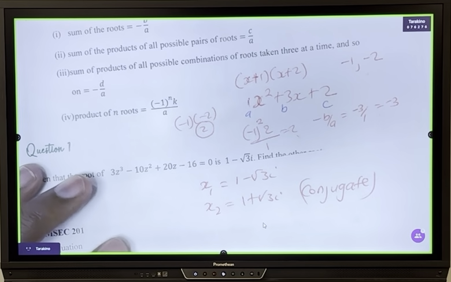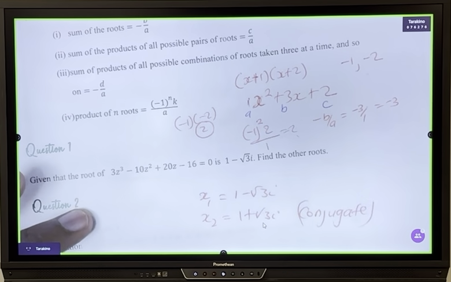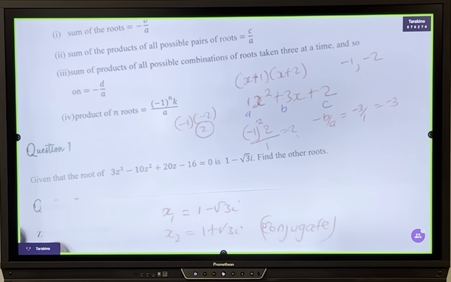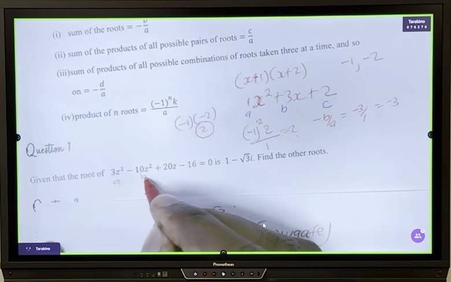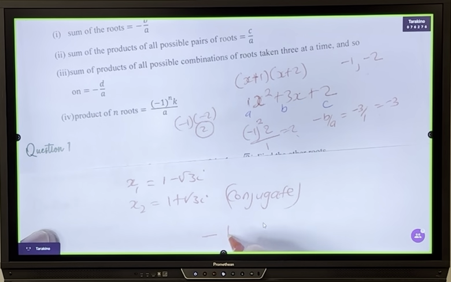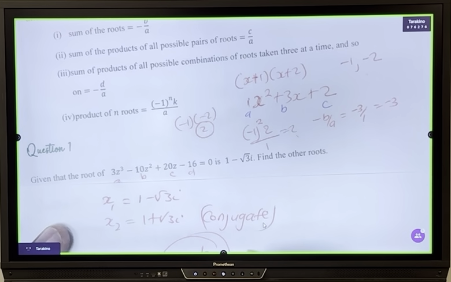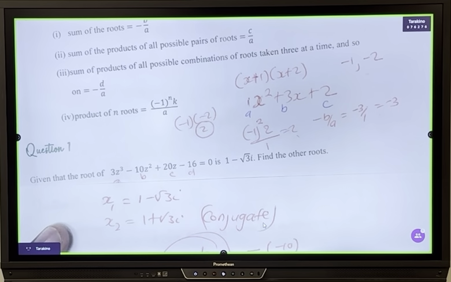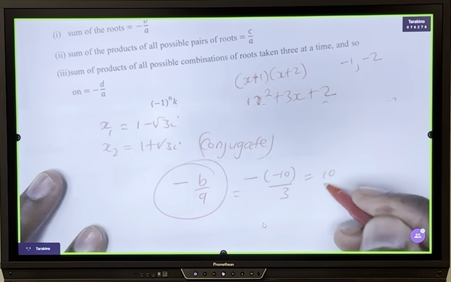But you know that the sum of all roots of this polynomial, with your a, b, c, and d, is negative b over a. In this case, the sum of the roots is negative of negative 10 over 3, which is positive 10 over 3.